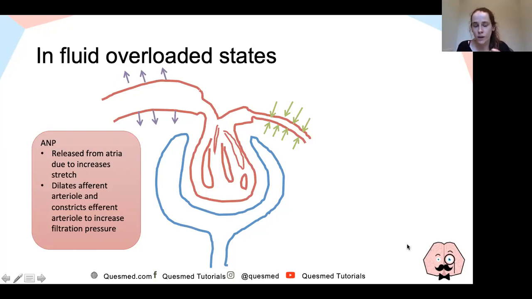So when we've got these really fluid overload states and really overstretched hearts, what we want to do is, again, dilate this afferent arteriole and constrict this efferent arteriole to, again, increase our glomerular filtration rate, and therefore hopefully increase the amount of urine that is produced, because we've got more filtrate being produced.